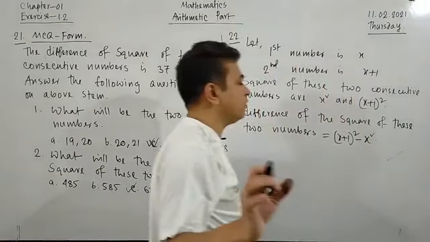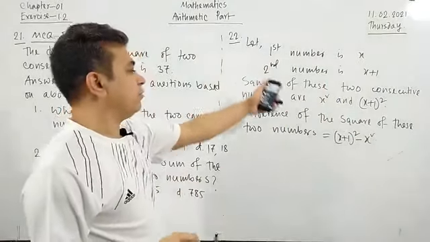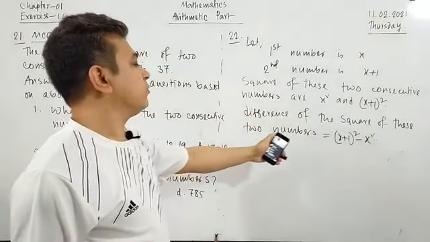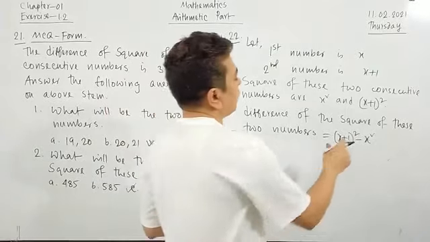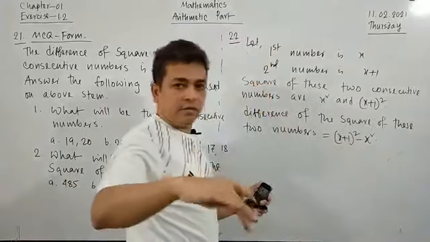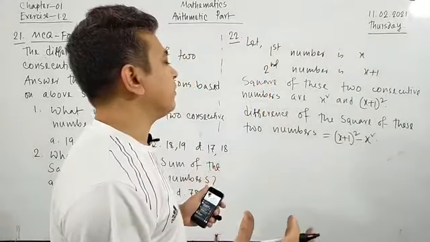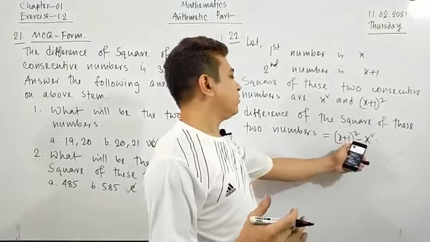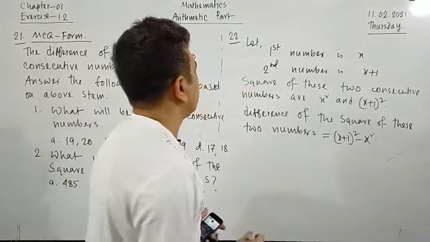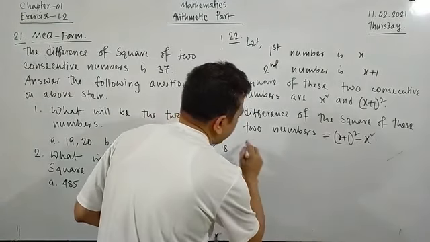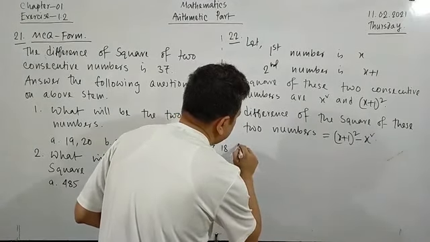The setup is almost the same, but the problem is not the same. So x plus 1 whole square minus x square. And we have to search for which least consecutive numbers the difference of squares of these numbers equals a perfect square.